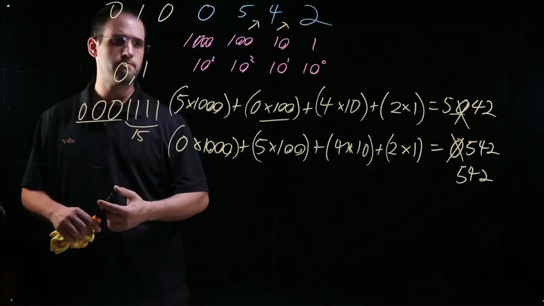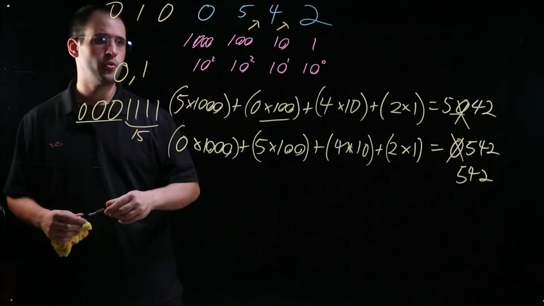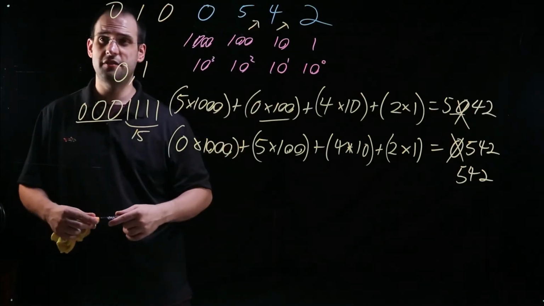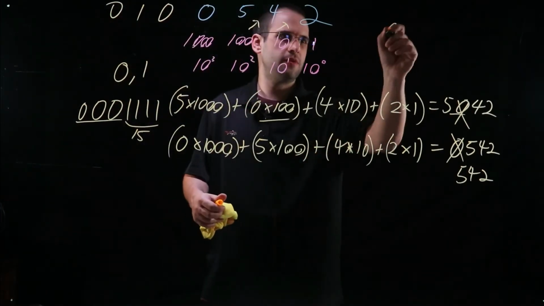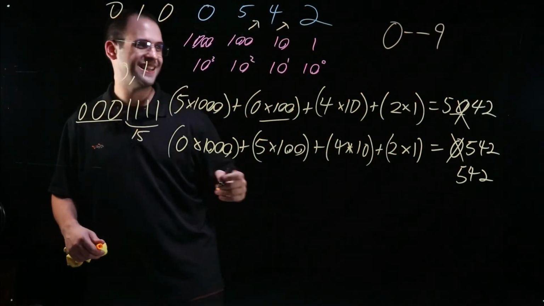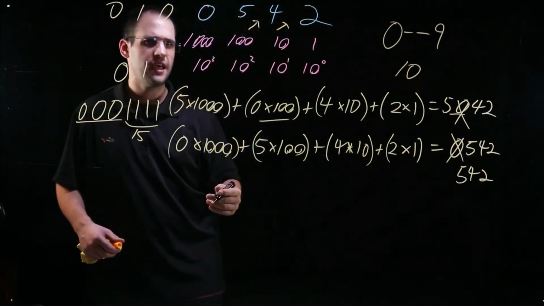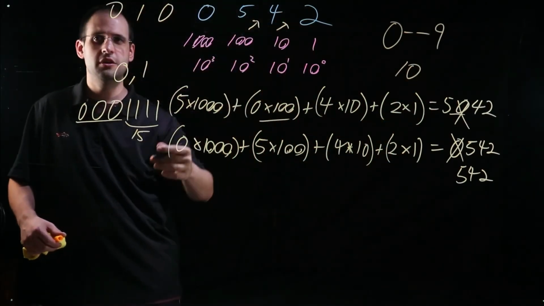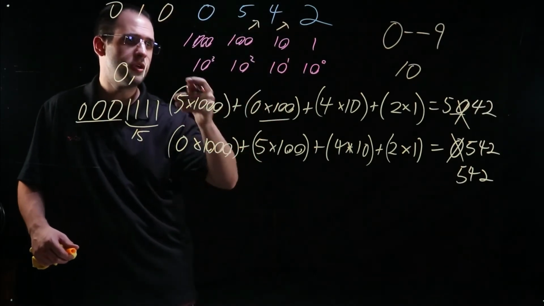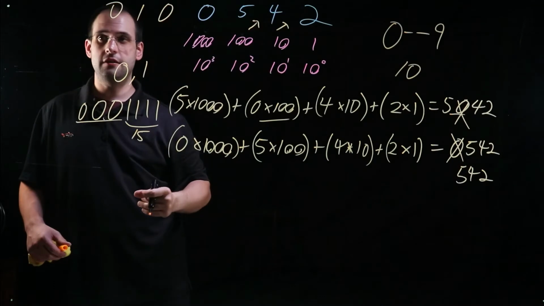So now that we have a basic understanding, let's recap the rules. We have a base 10 system, and that base 10 system is 0 through 9, 10 total values. Each of those values has a positional value for a given number at each digit in that number.